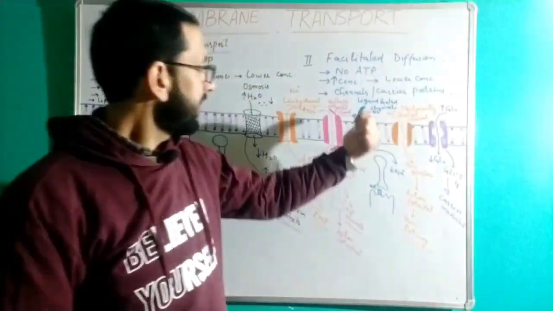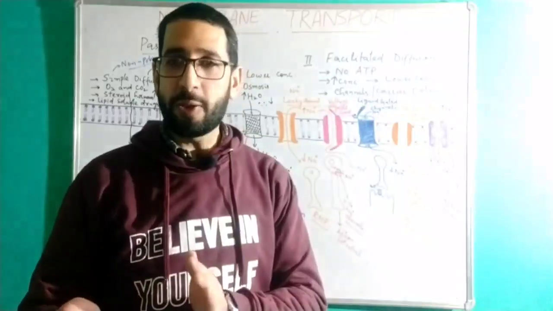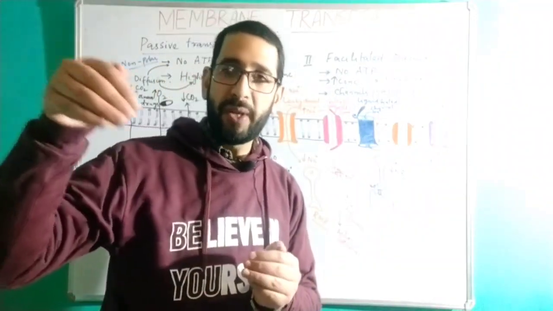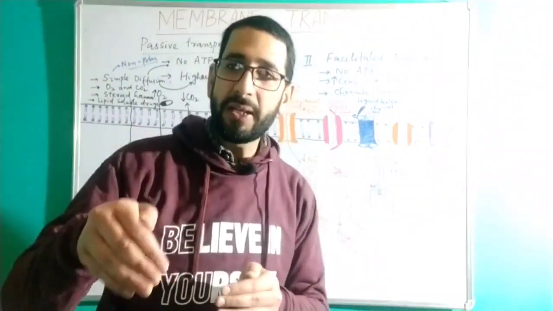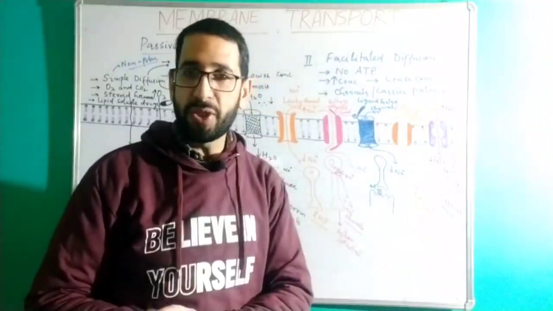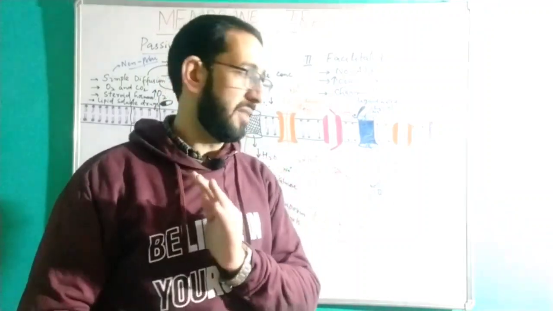And then we have the mechanically gated channel, which is opened by a mechanical stimulus. For example, pain receptors have mechanically gated channels, activated by the mechanical stimulus, and they generate the action potential, because of which we perceive the pain.